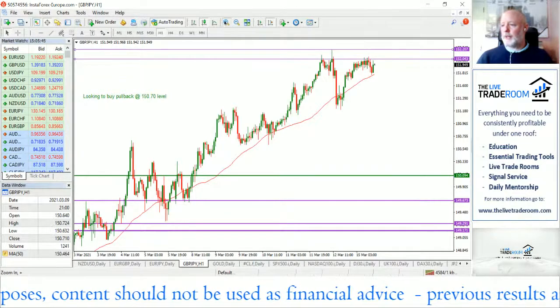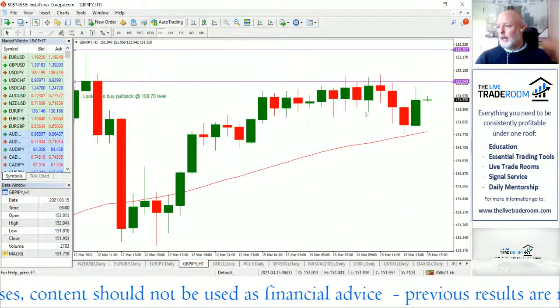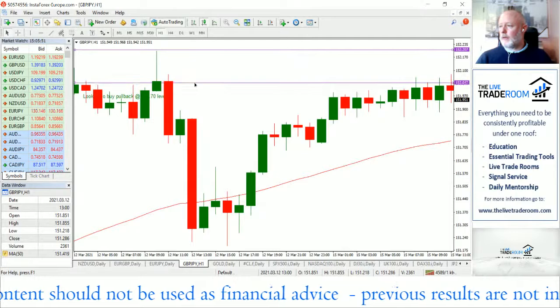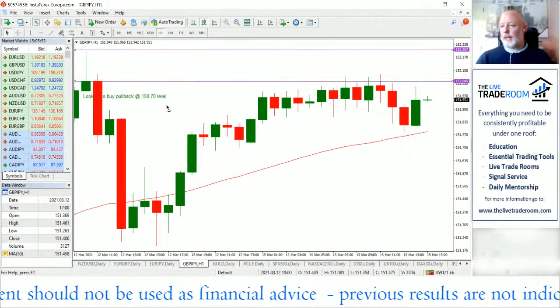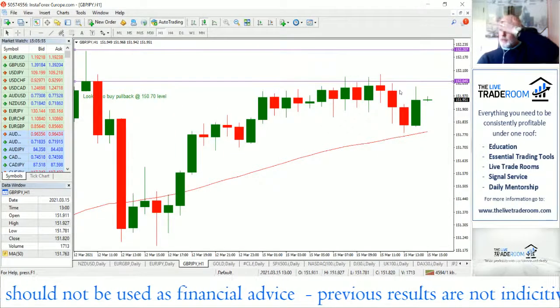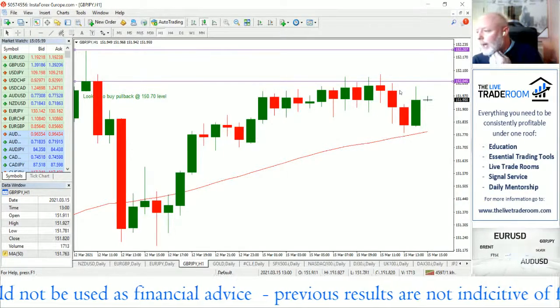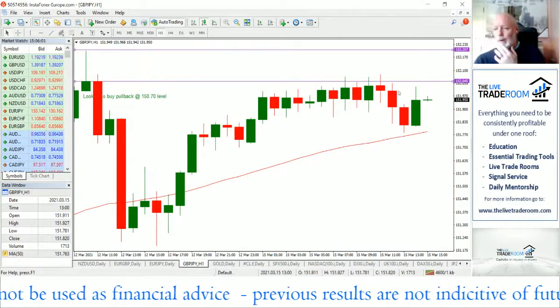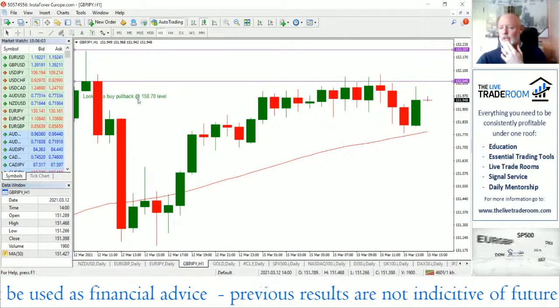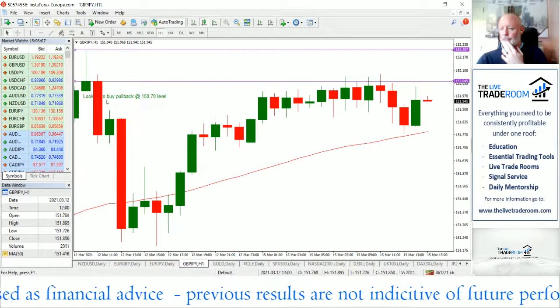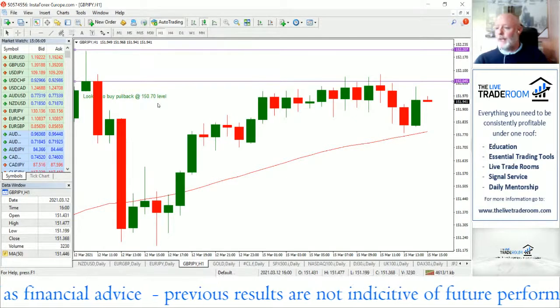So we can all look at this price action up here at these highs, and just taking this level just up a fraction, we can now look to buy this market if we get a close above the 152.04 level. We've been looking to buy a pullback at the 150.70 level.